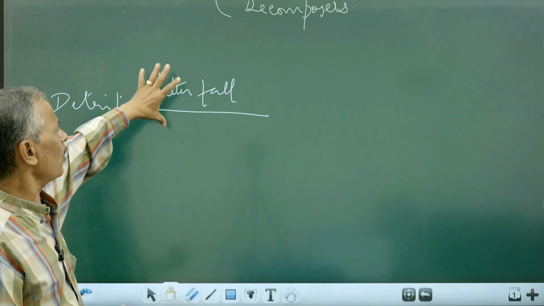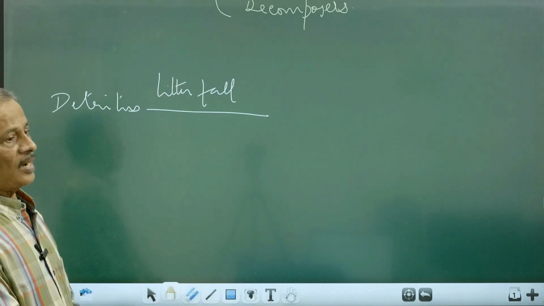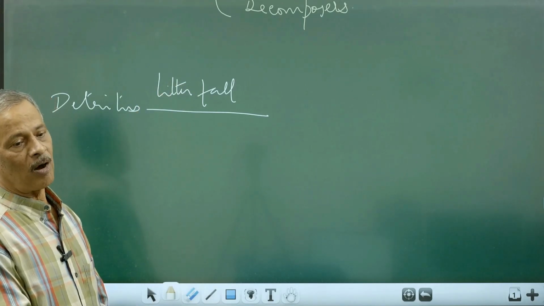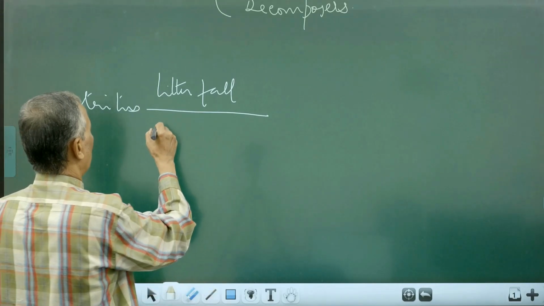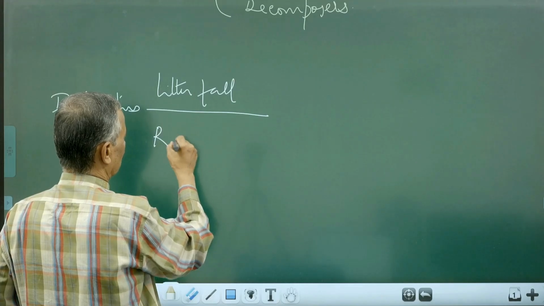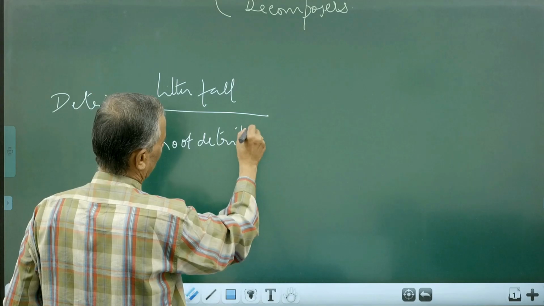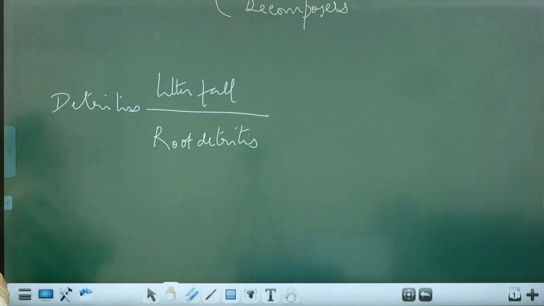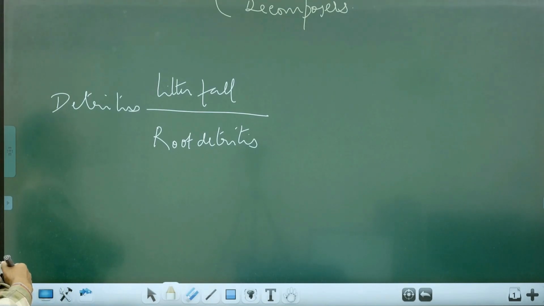They will be falling on the surface of the ground. They will be forming what is called litter fall. At the same time, the root part, which is lying below, forms the below the surface detritus, which is called root detritus. So anything which acts as the raw material for decomposition is called detritus.